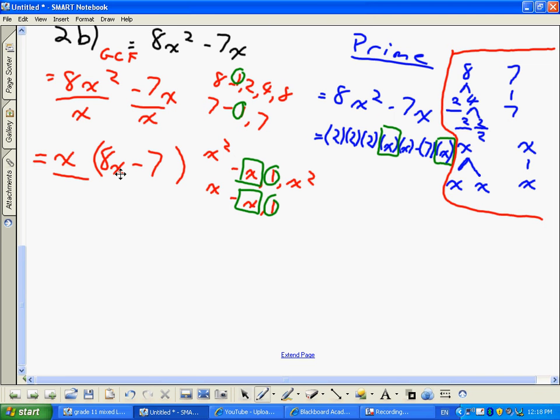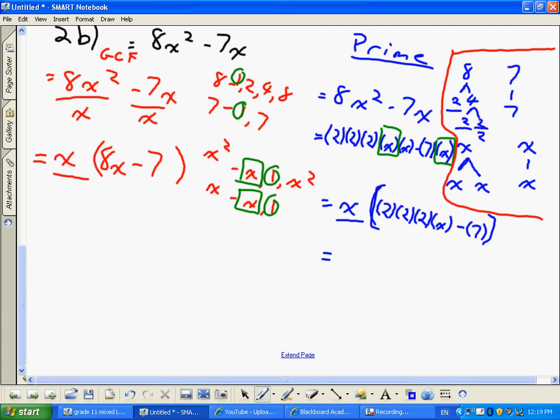So my next line, remember I'm doing this in blue. I took an x out, it's on the outside, and in the brackets, what am I left with? Well, I'm left with 2, 2, 2, and an x. And in my other number, what am I left with? Just 7. Okay?